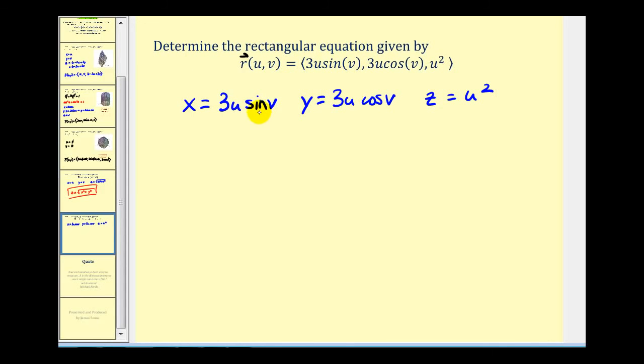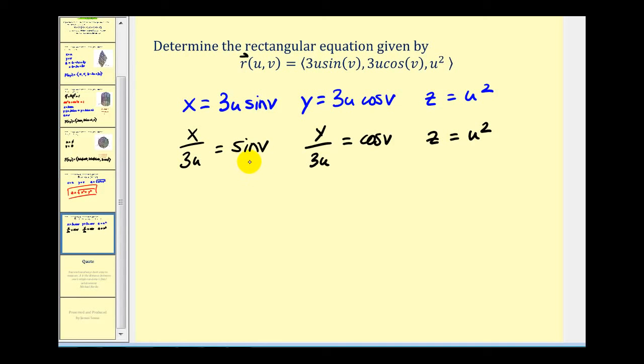Solving this equation for sine v, we'd have x over 3u equals sine v. And here we'd have cosine v equals y over 3u. And we'll leave this equation as z equals u squared.